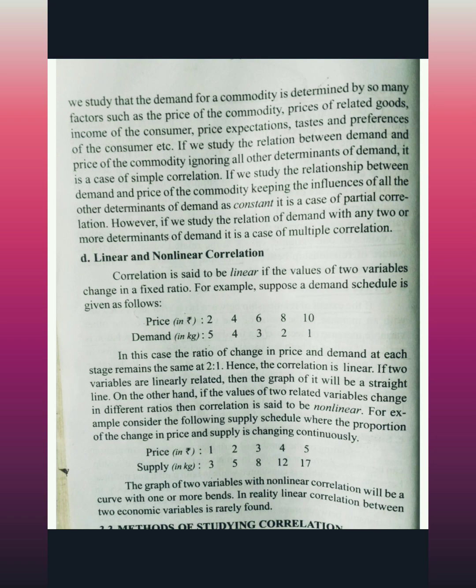Clear? For example, consider the following supply schedule, where the proportion of change in price and supply is changing continuously. The ratio is different. That's why it is called a non-linear correlation.